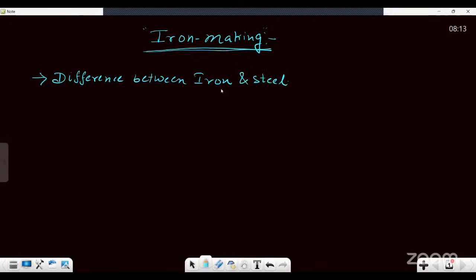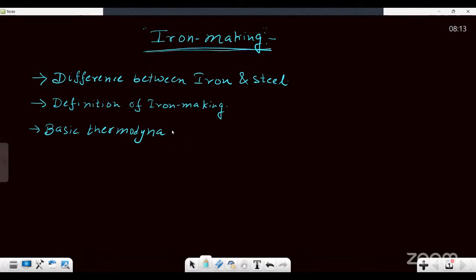Then we will define what is meant by iron making, and then we will talk about the basic thermodynamics of iron making.